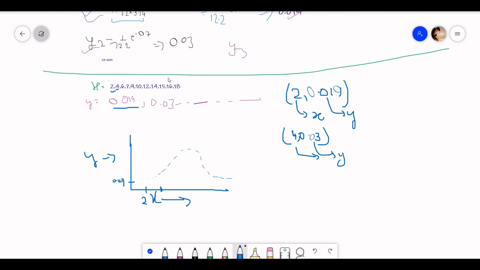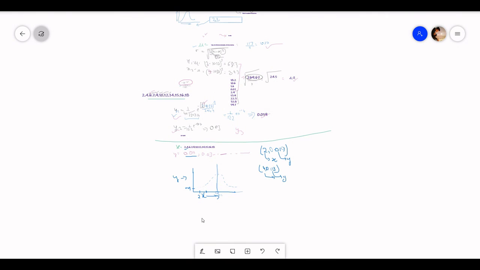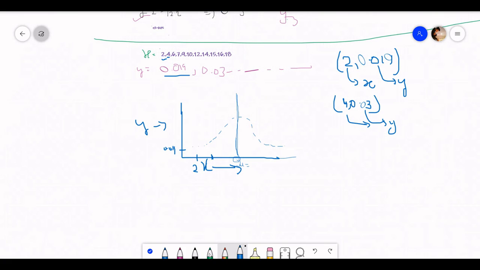So remember one thing, as we already saw in my previous video, our mean will lie in the middle of the axis over here. We will find it after plotting these things: our mean is 4.9. Our mean always lies between this value.